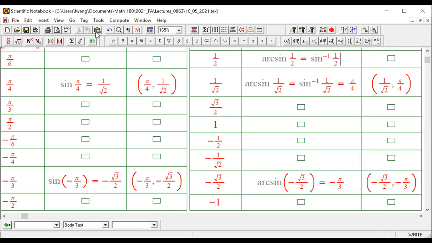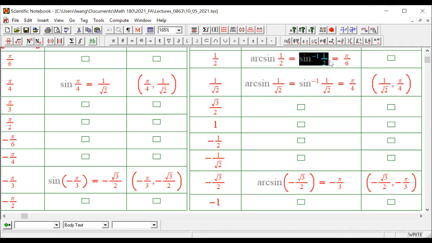Okay, I see. I didn't hear -1/2, right? Yeah, the output should be one and only, and that one and only has to be between -pi/2 and +pi/2. Okay, this is just two alternative ways to write it.